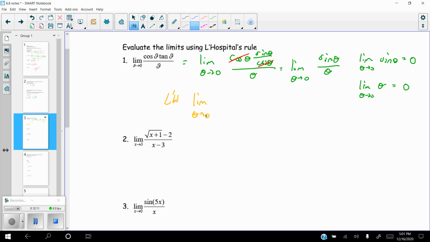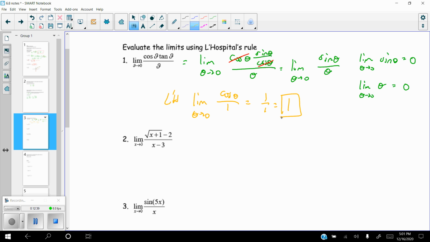So take the derivative of the numerator and denominator separately and then reapply the limit. So the derivative of sine of theta is cosine of theta. The derivative of theta, which is just like x, is 1. So now I can reapply theta equaling 0, plug in 0 for theta, and I get 1 over 1, or 1. And that was the limit that we had before.